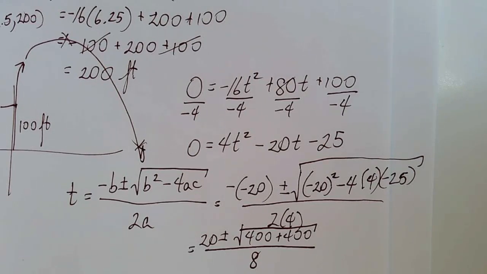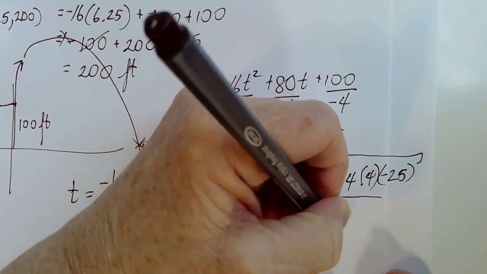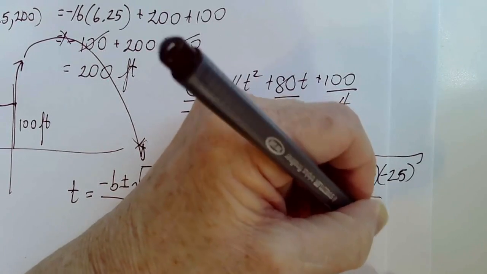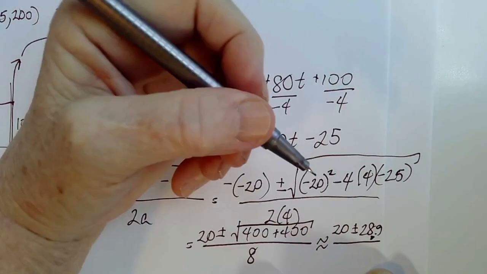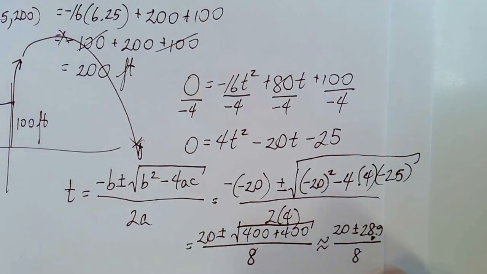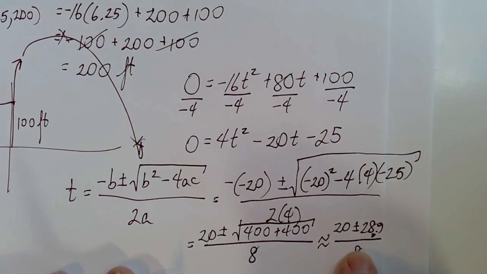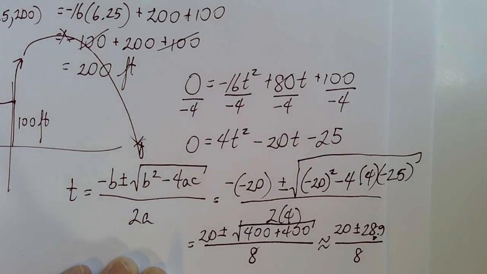Okay, so now all we need is the approximate square root of 800, and I see that that is 28.9. So 20 plus or minus 28.9 divided by 8. And do you notice that if the 28.9 is negative, our numerator is going to be negative, and if the numerator is negative and the denominator is positive, the whole fraction is going to be negative.